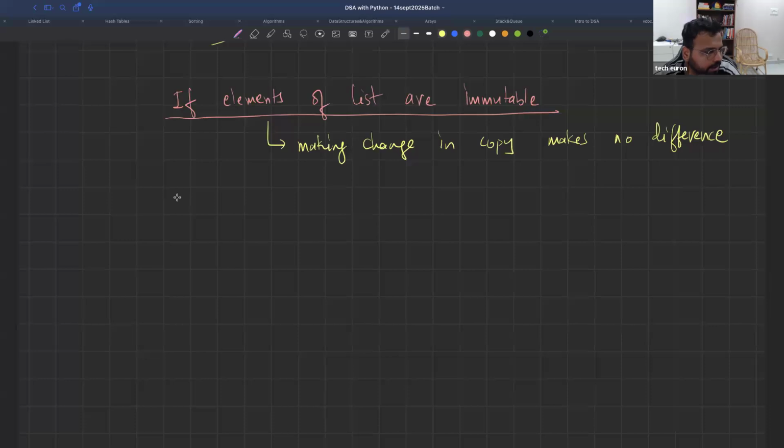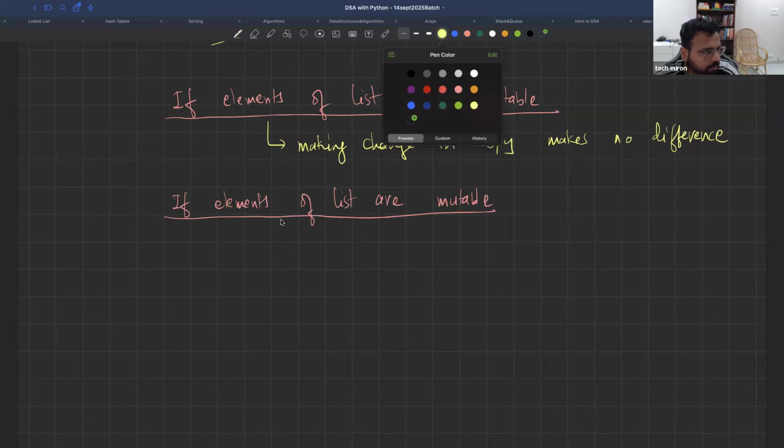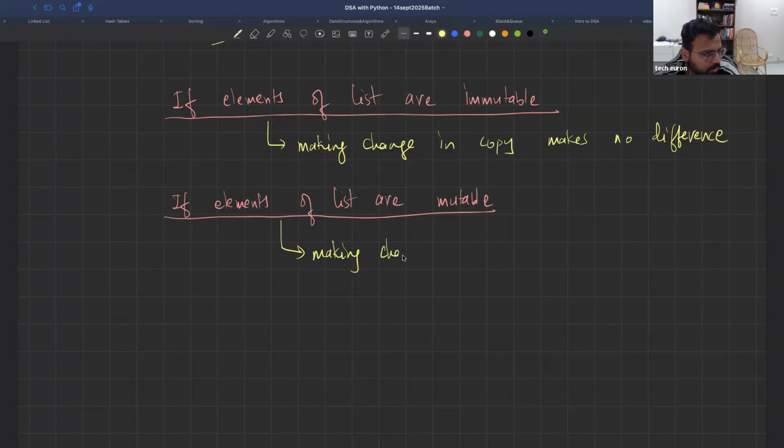But if the elements of the list are mutable, then making change in the copy will affect the original. This you have to keep in mind. How many of you are understanding this part?